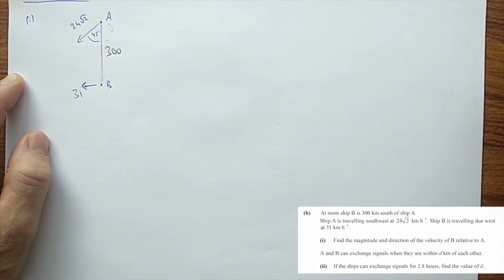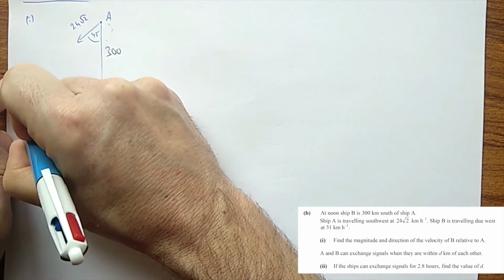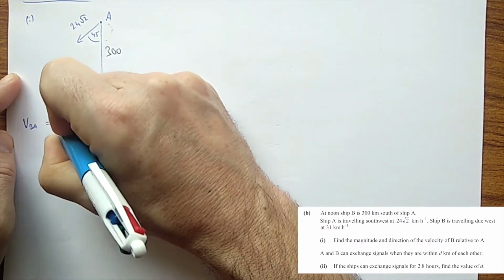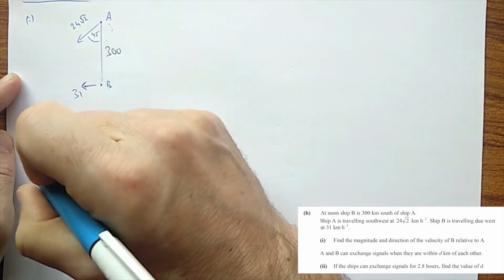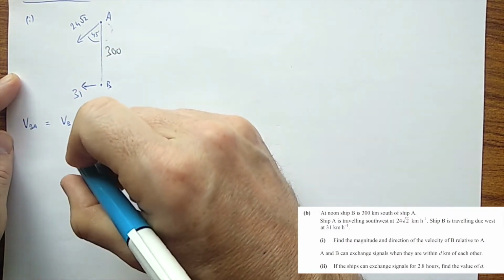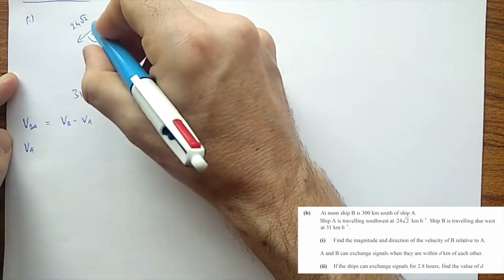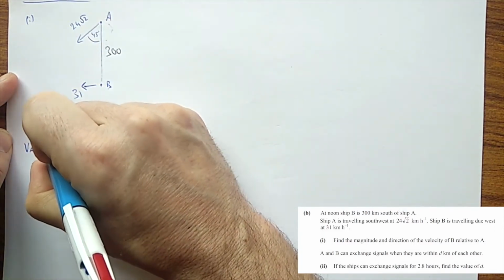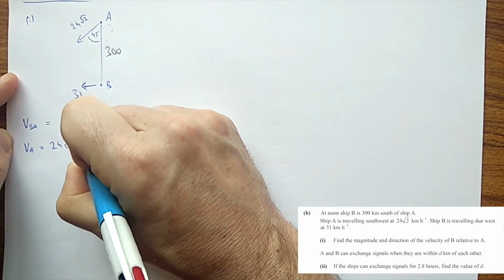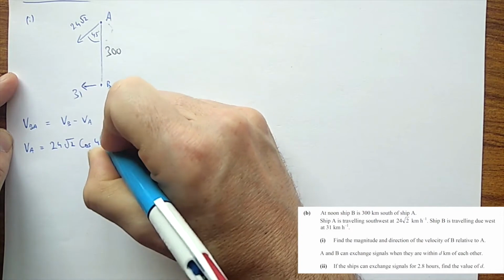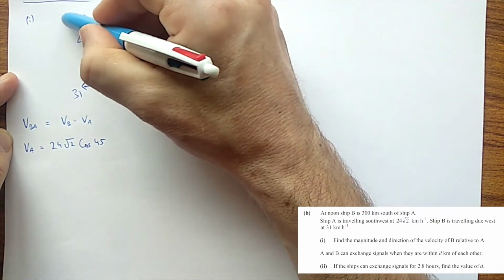Okay, magnitude and direction of B relative to A. Well, our normal stuff: velocity of B relative to A is the velocity of B minus the velocity of A. So let's lay them all out. The velocity of A is the hard one. That is 24 root 2 cos 45. Now let's have a little think. This is going to be minus in both directions because there's a minus j and a minus i.